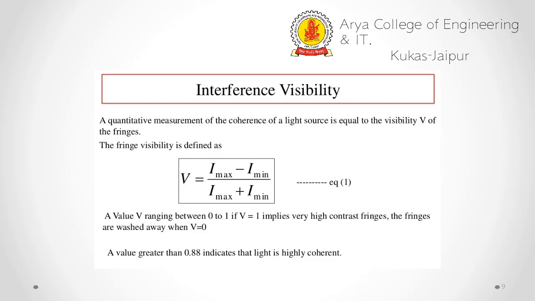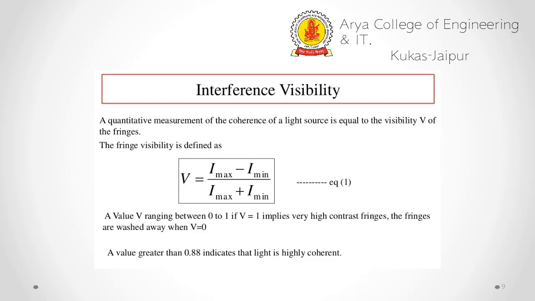Now let's discuss interference visibility. A quantity that measures the coherence of a light source is the visibility V of the fringe. The fringe visibility is defined as V is equal to Imax minus Imin upon Imax plus Imin.